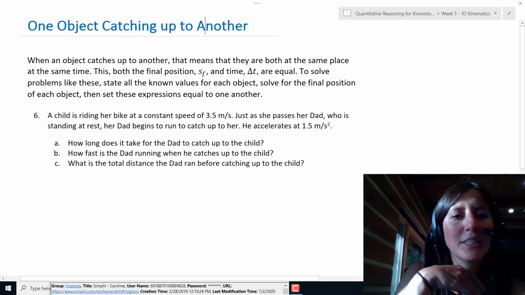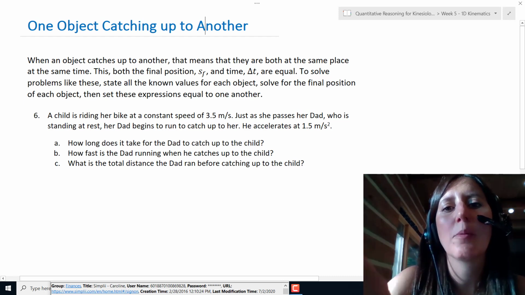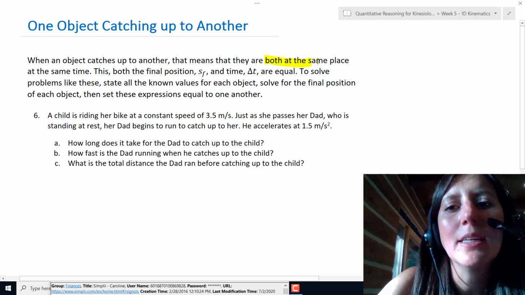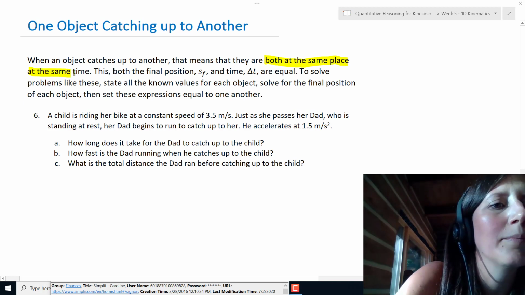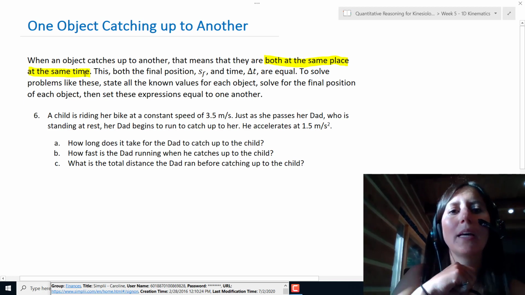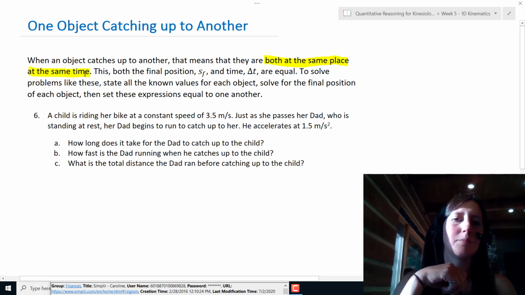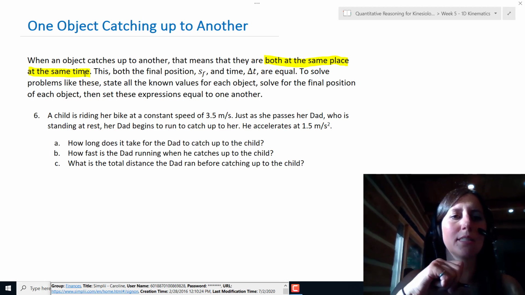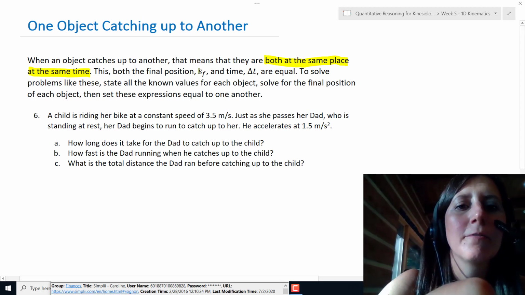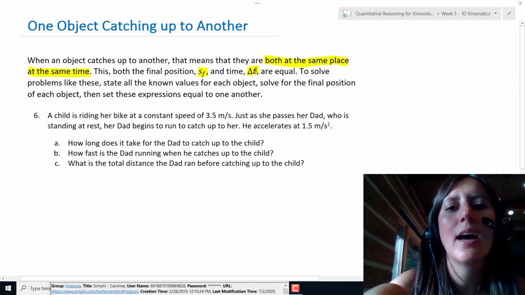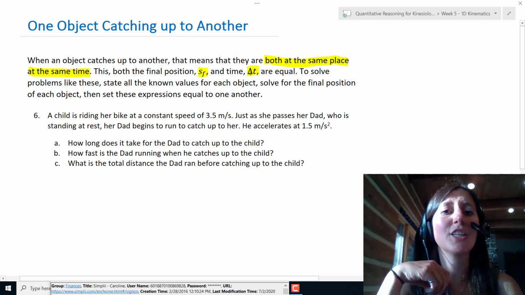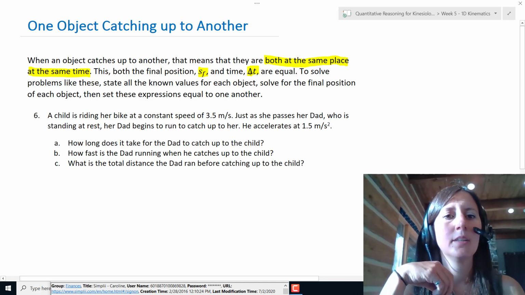When one object catches up to another, that means that they are both at the same place at the same time, right? That's what it means when something catches up to something else. They're at the same place at the same time. That means that the final position and the time are equal, not the final velocity.